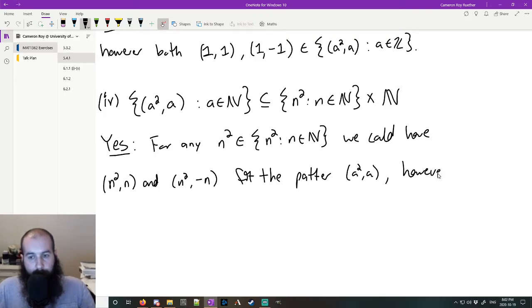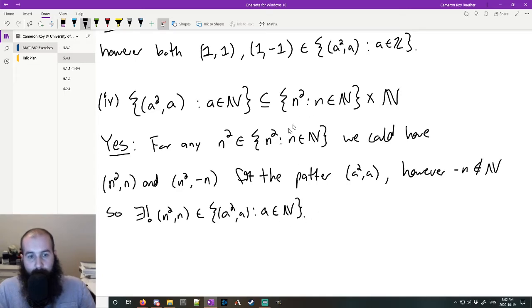However, negative n is not natural, which means that it won't be in our set. So there exists a unique pair, (n squared, n), in our set. Since each element of the domain has a unique pair in the set defining the function, this is a function.